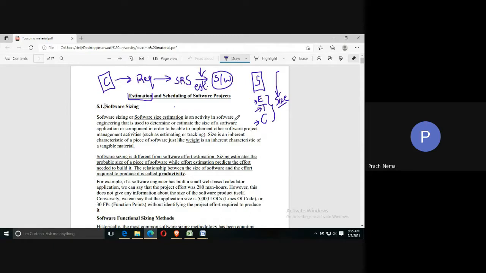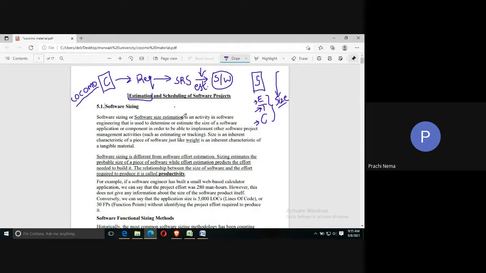The first thing that comes is size, the topic under which your COCOMO model comes. For that, you need to have this prerequisite knowledge of all these things, because COCOMO is constructive cost model. So the cost involved in constructing the software, that is what it calculates.